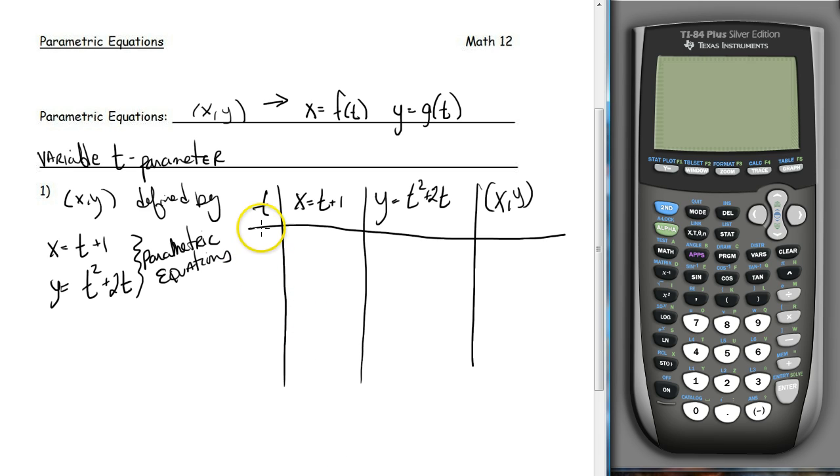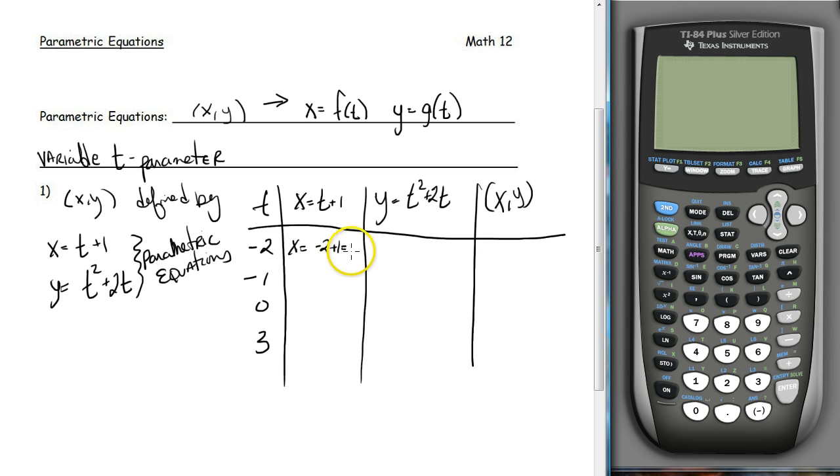So let's just do a couple of values here. For example, let's pick -2, -1, 0, 3. For these certain t values, we're going to do them by steps and find the values. So for example, x equals -2 plus 1.